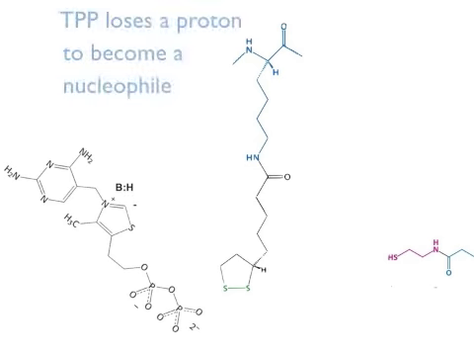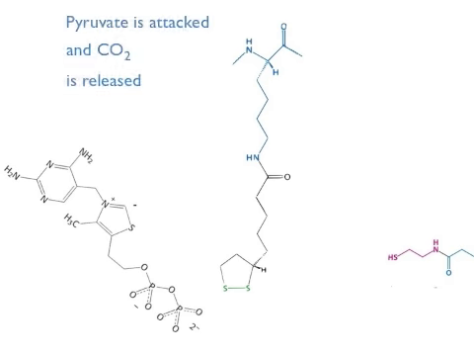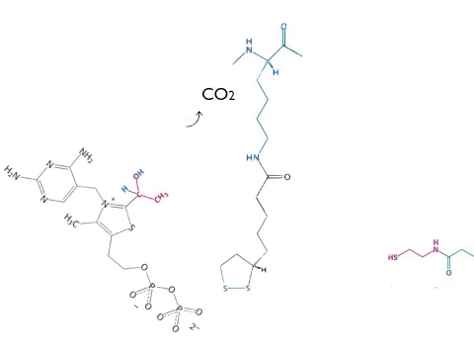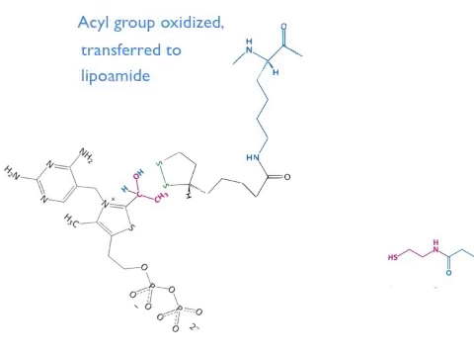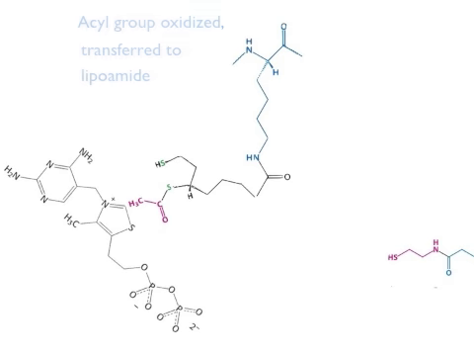First, we have the formation of the carbanion that attacks pyruvate. Pyruvate is decarboxylated to form a 2-carbon alcohol. The long swing arm of lipoamide is going to make a covalent linkage in the form of a thiol ester between the acetyl group and one of the constituents of the disulfide bridge of lipoamide.